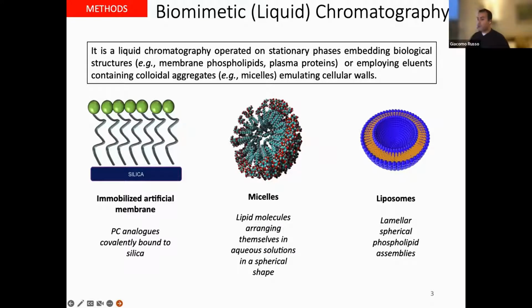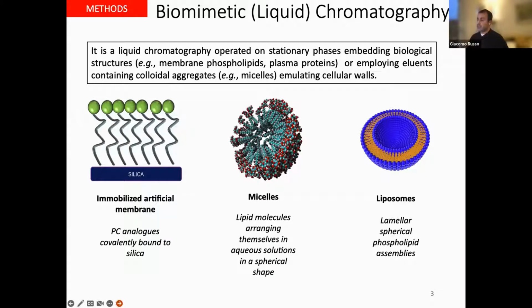One of the most common types of biomimetic liquid chromatography is immobilized artificial membrane, which is essentially based on phosphatidylcholine analogs, which are covalently bound to silica.